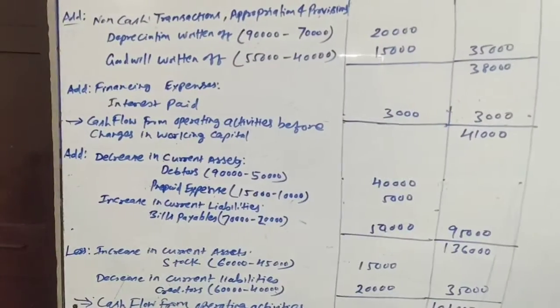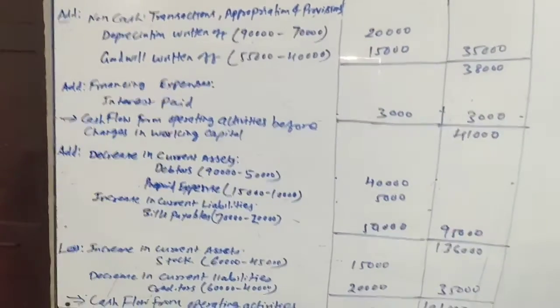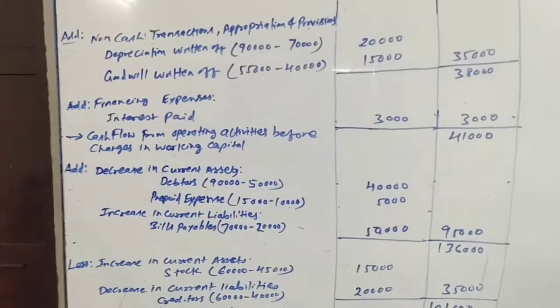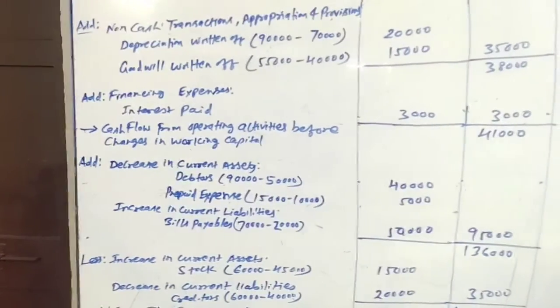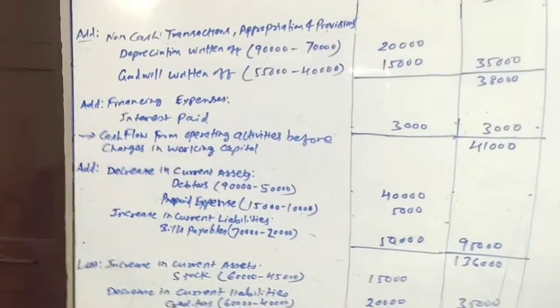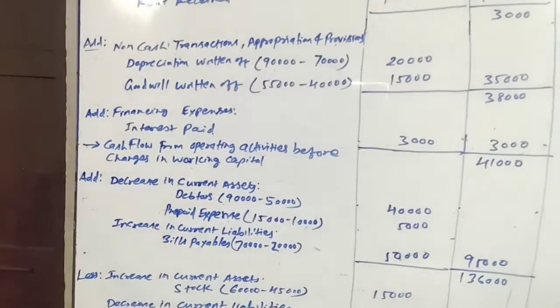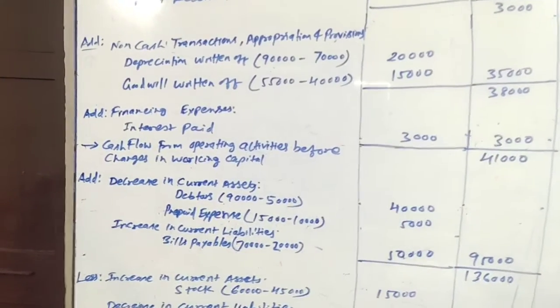Okay friends, now we have to focus on changes in current asset and current liability. If there is a decrease in current asset or increase in current liability, it will be added to the profit, and if there is increase in current asset and decrease in current liability, it will be deducted from the profit. So let us see first which current assets are decreasing.